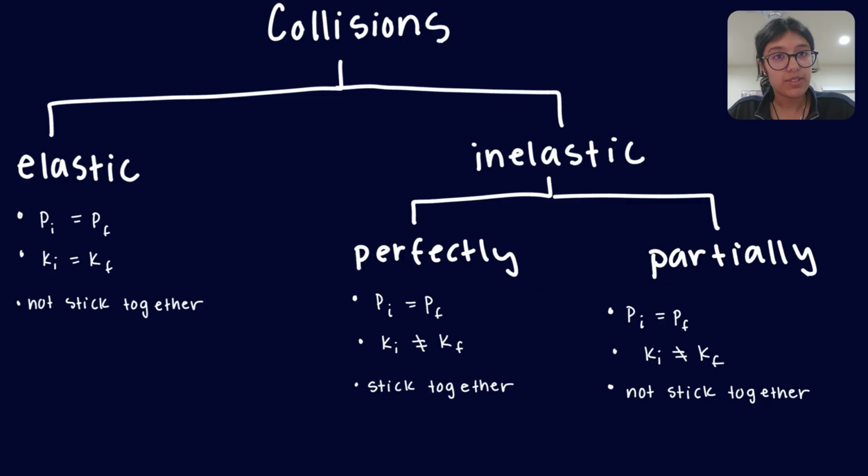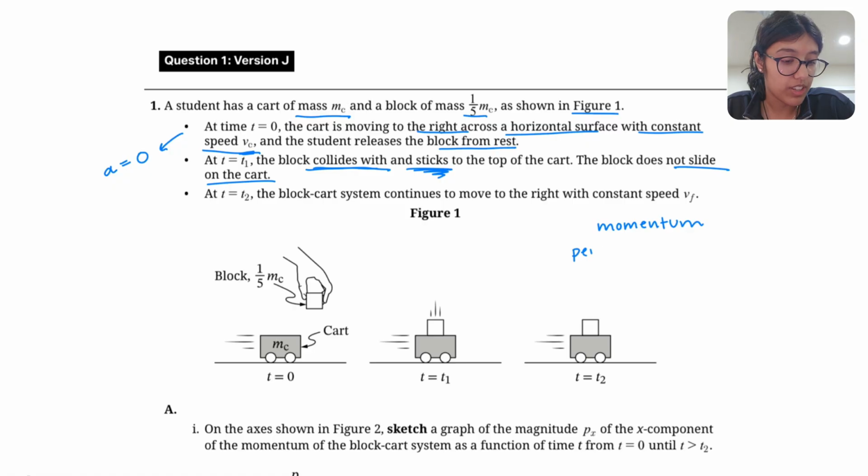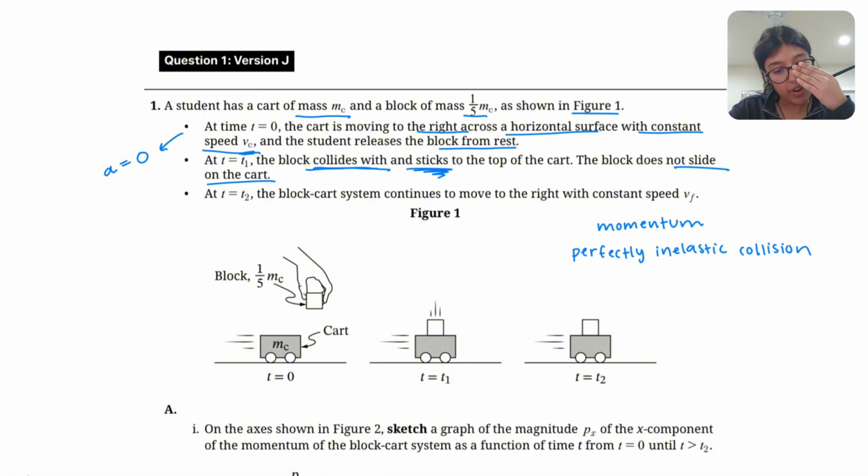There are 3 types of collisions, and those are elastic, perfectly inelastic, and partially inelastic. But perfectly inelastic is the only one that has objects stick together. So we know we are focusing on the perfectly inelastic collision. All right, so I think that's all we can dissect from the second point.